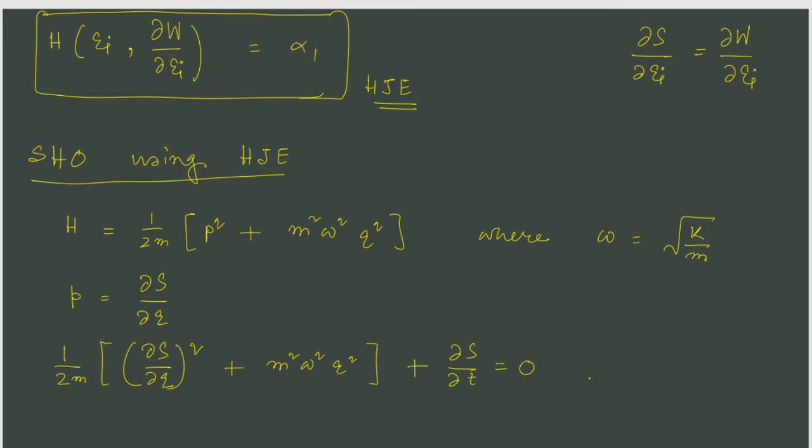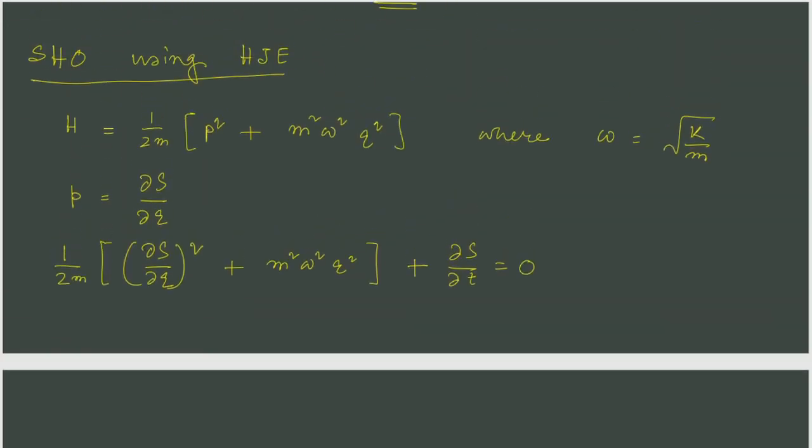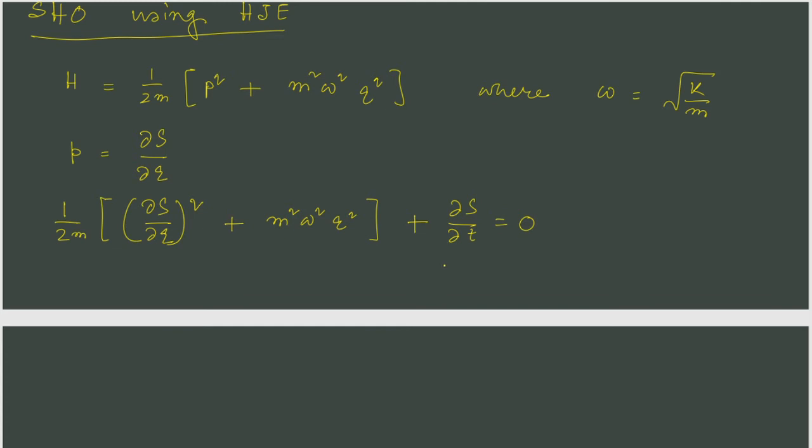Now remember, the Hamiltonian is not a function of time here, so this must be a constant. So let's say the Hamiltonian is equal to a constant alpha.